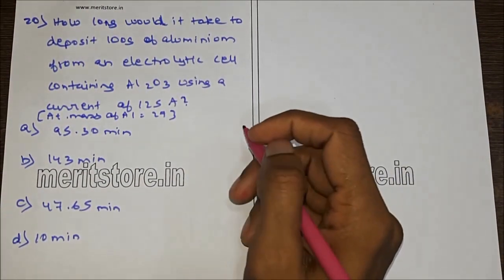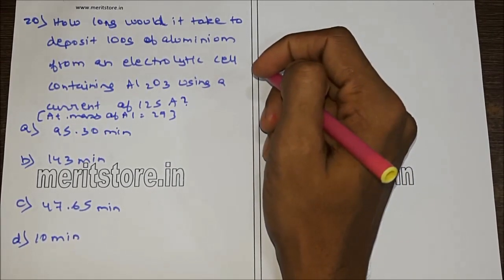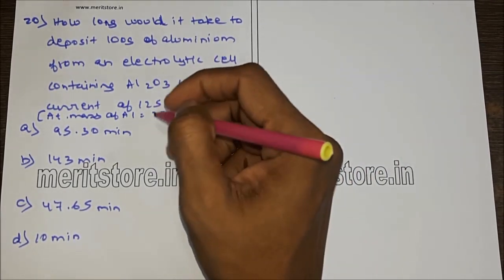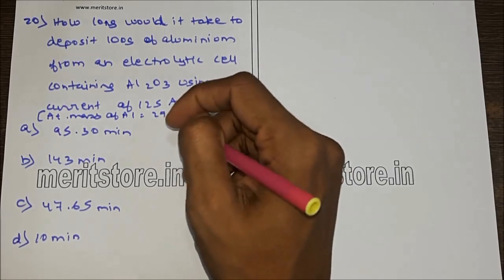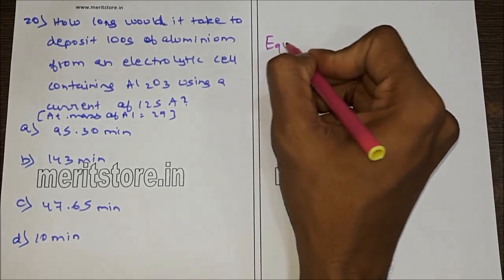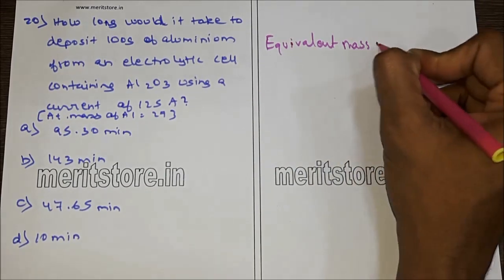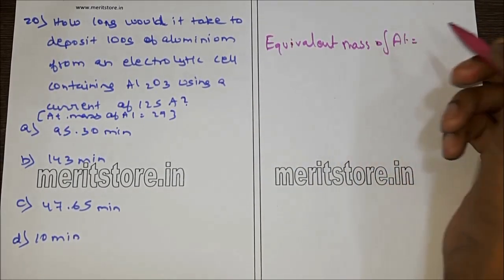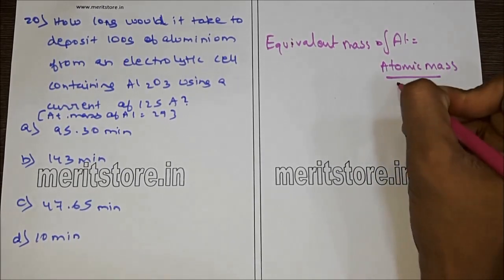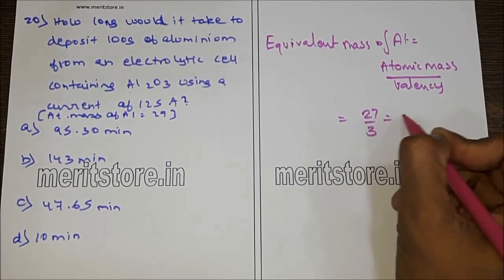Question 20. How long will it take to deposit 100 gram of aluminum from an electrolytic cell containing aluminum oxide using a current of 125 ampere? Atomic mass of aluminum is given as 27. We are given 4 options. So, equivalent mass of aluminum is atomic mass upon valency, which is equal to 27/3, which is equal to 9.